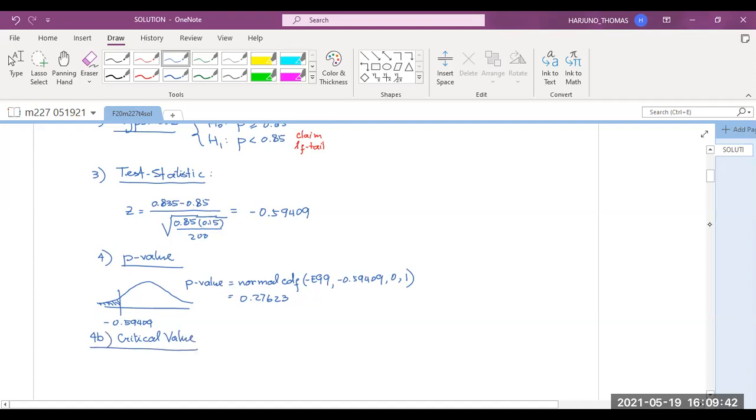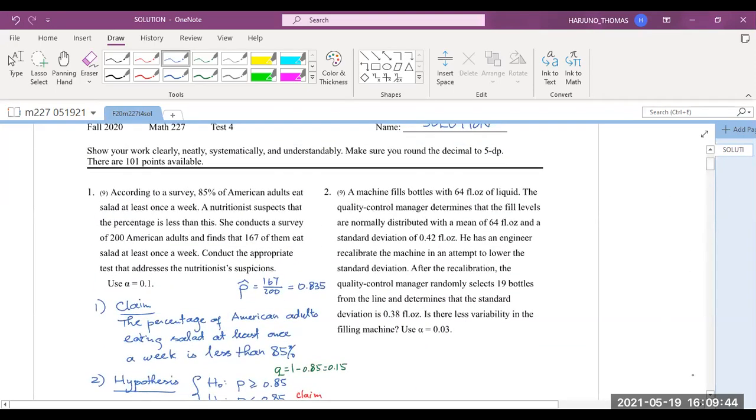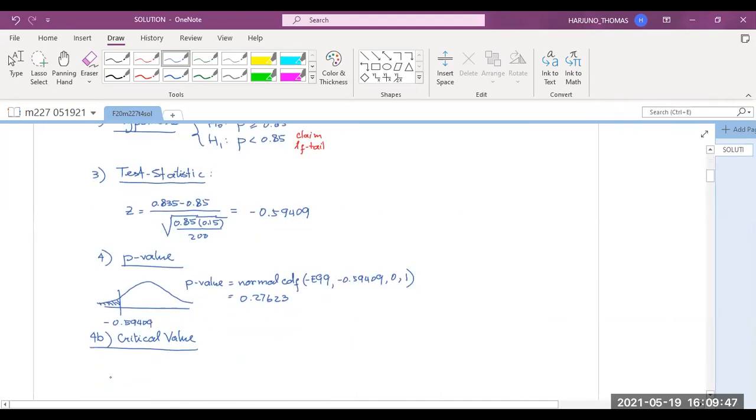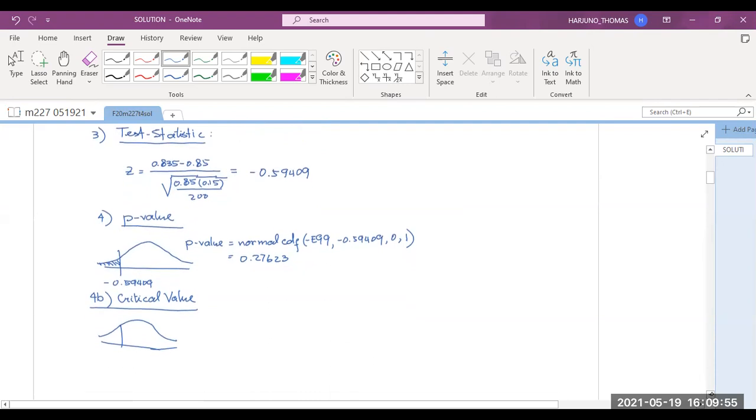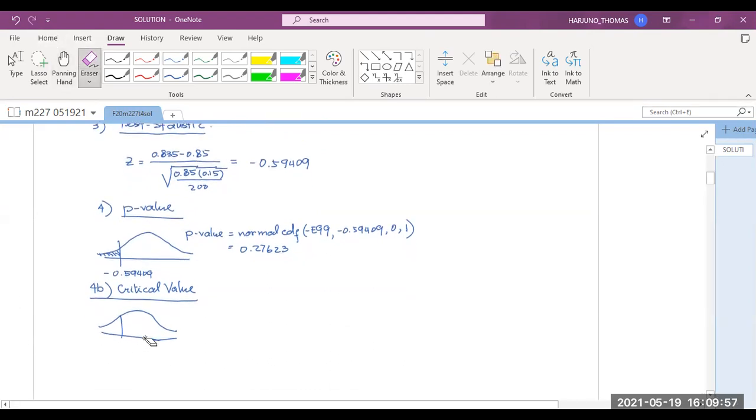The alpha, I believe, is 0.1 or 10%. So for the critical value, you need 10% here. So z critical is inverse norm, area to the left, 0.1.